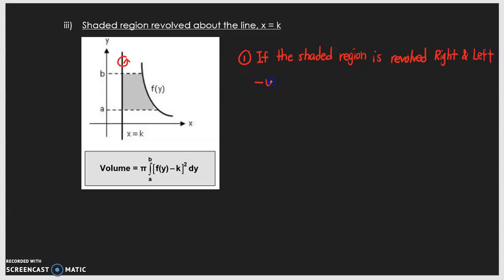So we will use values of y and then function in terms of y. So if the shaded region, let's say in this question, is revolved about x equals k, here is revolve right and left, or left and right.